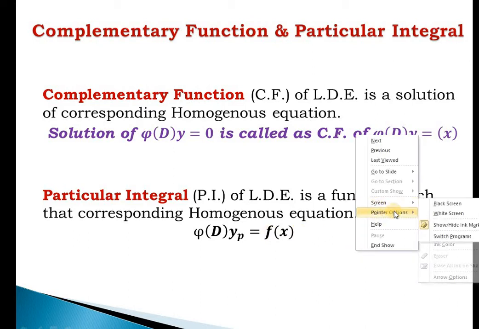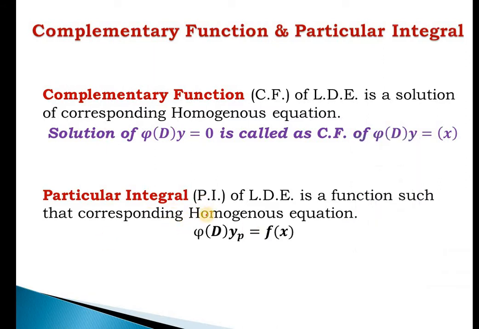So this is known as my particular integration. It is not corresponding to the homogeneous solution. So we can write yp is equal to 1 upon phi of D, operating on f of x.